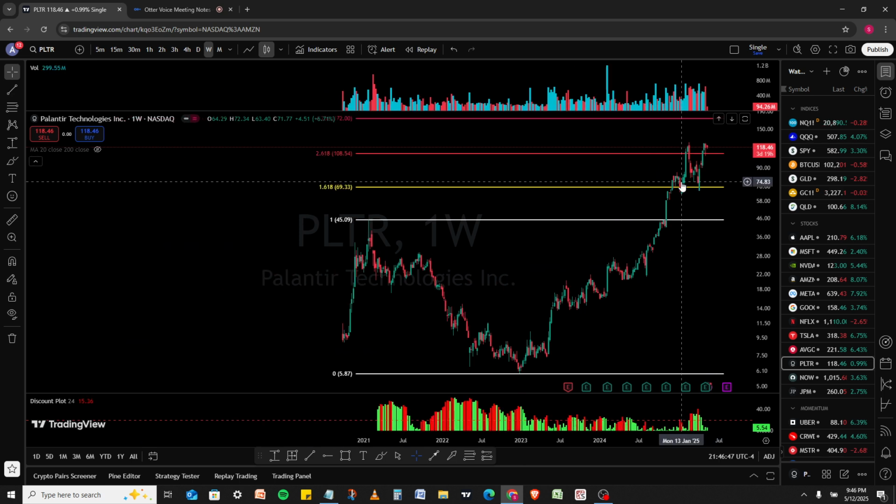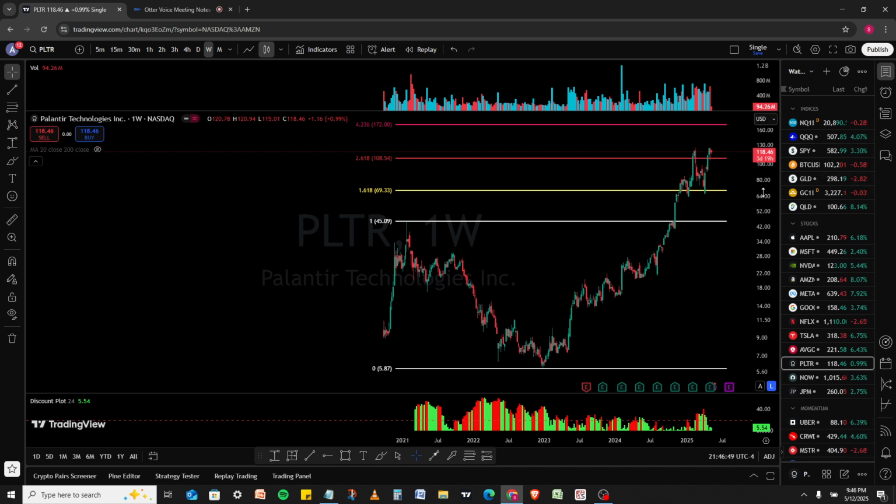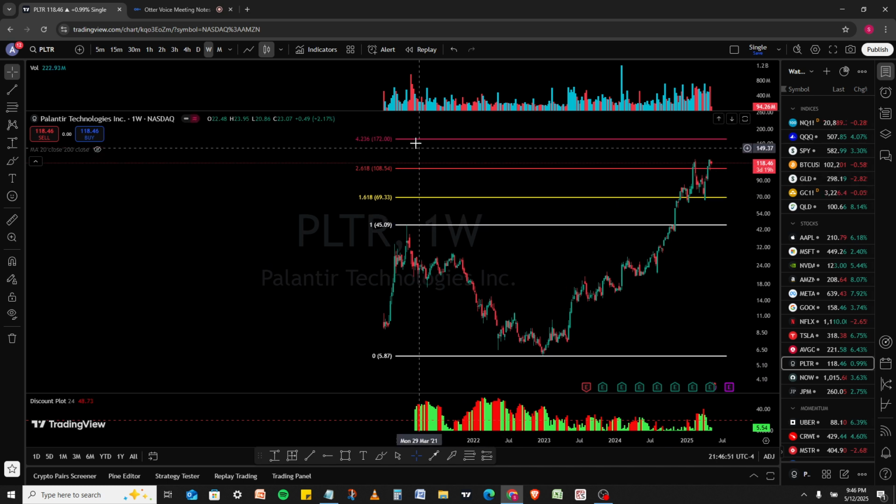If we continue to break above this level, we could see Palantir going up to extension of 4.236, which is $172. It may not happen very soon, but it's very likely if it continues to move at the pace that it is moving, from 120-ish to 172. So you could very well see a 40% move in Palantir if the momentum continues.